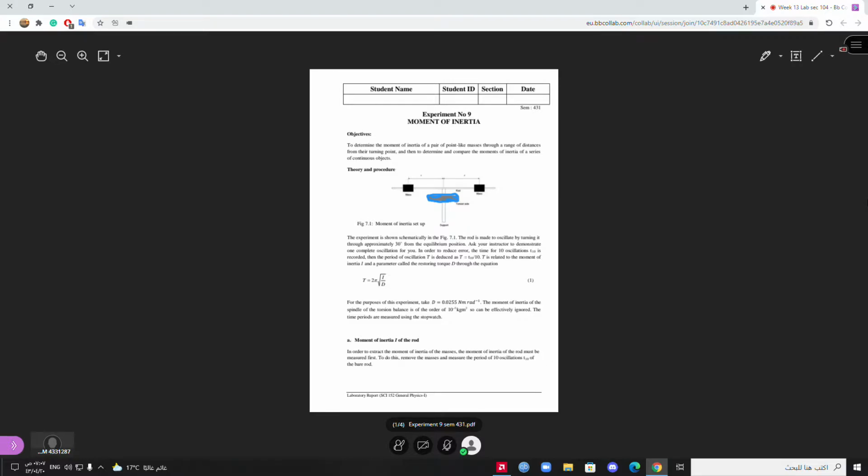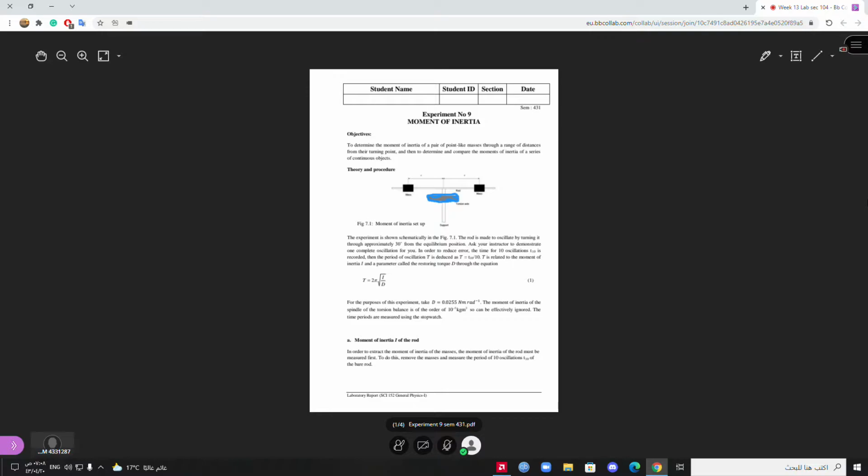The rod is set into oscillation by using the force from the spring. Now, the kind of motion the object is undergoing is rotational motion. Something is related to the moment of inertia. The time period, what is time period? The time taken to complete just one full motion is called the time period.